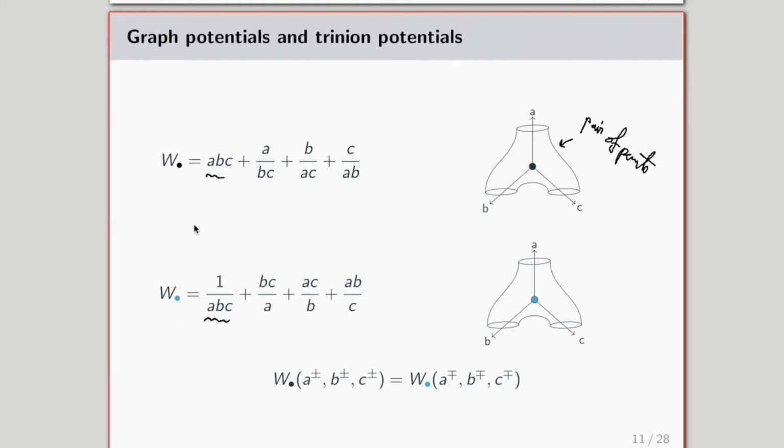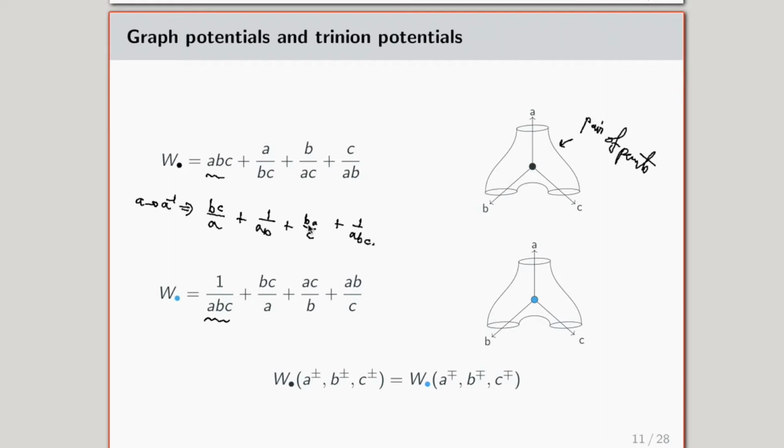Now observe that if I change A to A inverse here, this function will become this plus 1 over ABC plus BA over C plus 1 over ABC.